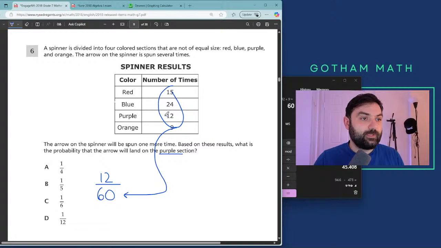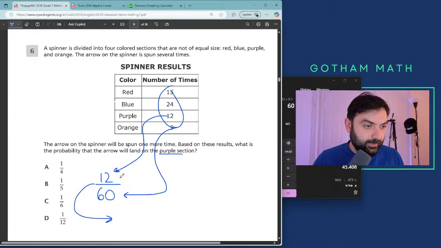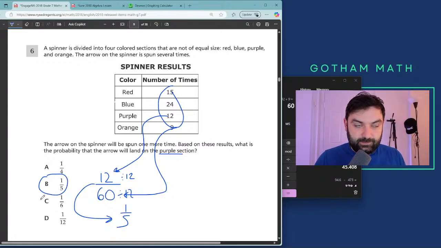So put the purple here. Now, obviously, we don't leave the answer like this because the fraction is unsimplified. So we simplify it by 12. We divide by 12 top and bottom of this fraction, and we get 1 over 5. And that will be the answer. So there's a 1 in 5 chance that it will hit purple.